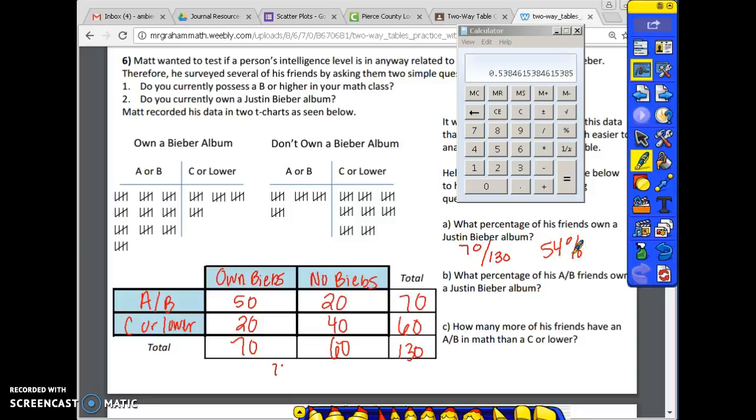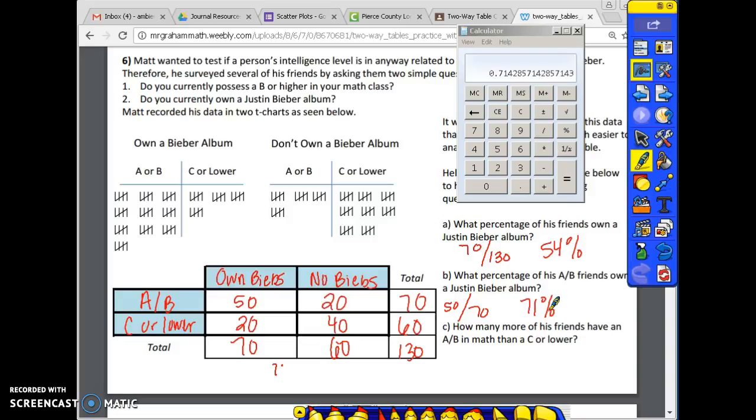What percentage of his AB friends own a Justin Bieber album? So of his AB friends, of the 70 friends, 50 of them own Justin Bieber. So when we divide that, we get 71%.